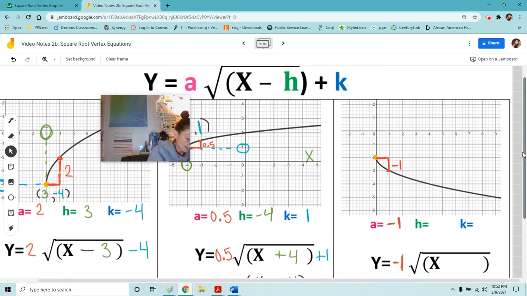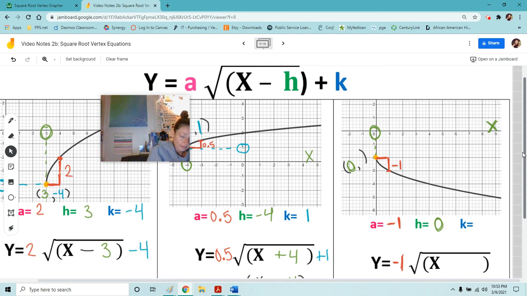And then I am looking for the x and the y value of the vertex. That's going to tell me my h and my k. So I look from the vertex, I just kind of go till I get to the x-axis, and I see that that lines up with 0. And then I do the same thing for my y-axis.